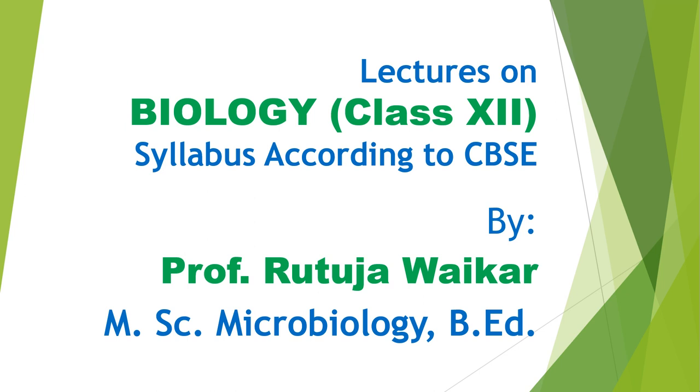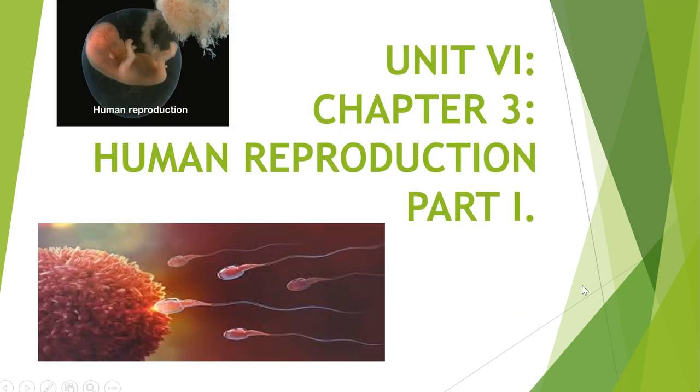You know that human reproduction is necessary for the continuity of life, as you studied in the earlier chapter. So you should know what structures are involved in human reproduction, and which components play which important role.